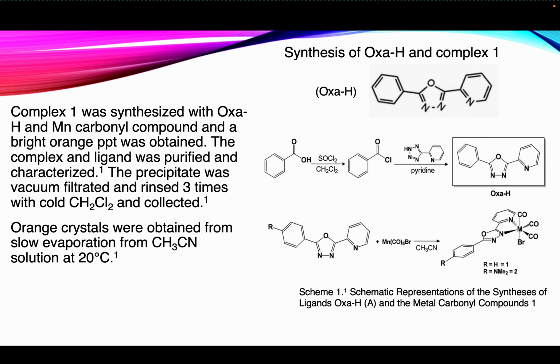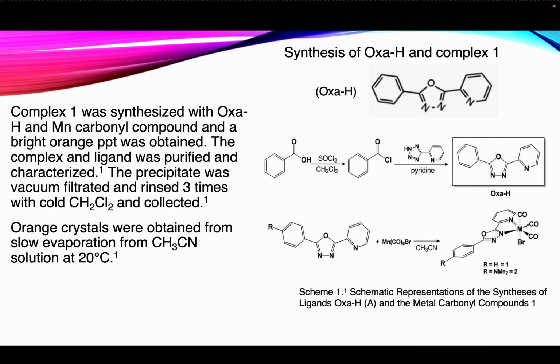The synthesis of complex 1 is shown on the right with the different steps showing the actual formation. Complex 1 was synthesized with the oxalate ligand and manganese carbonyl compound to obtain a bright orange precipitate.